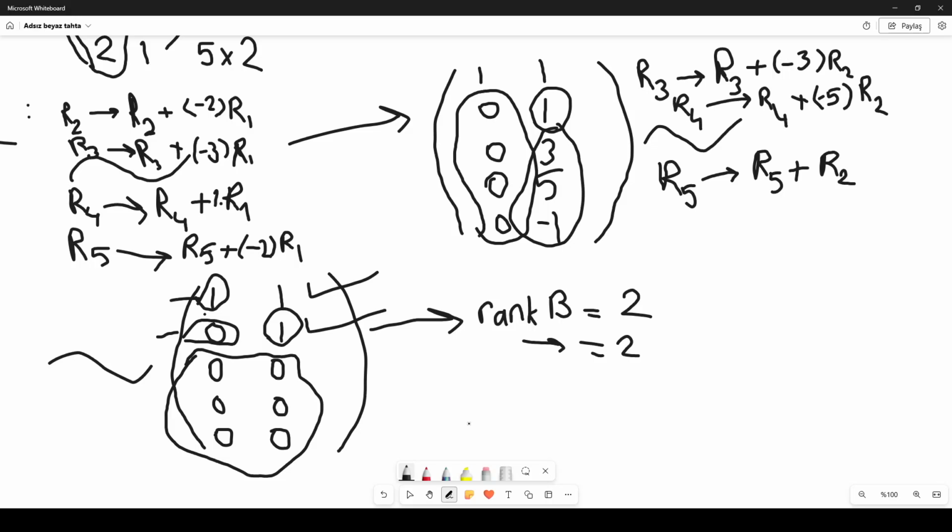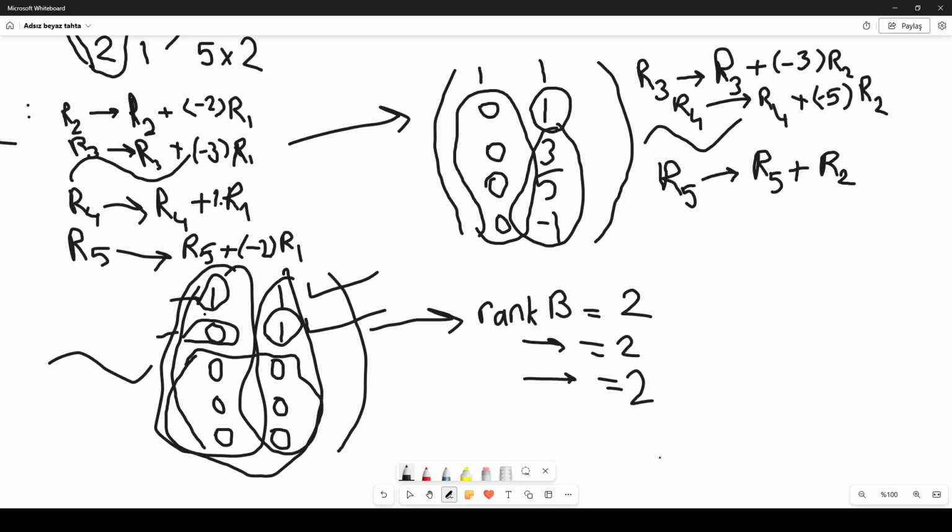And if we count the number of basic columns, basic columns are the columns that contain the pivot elements. So we have 2 pivot elements and we have 2 columns, right? So again, we have 2 basic columns, and rank is equal to 2, no matter what we use.